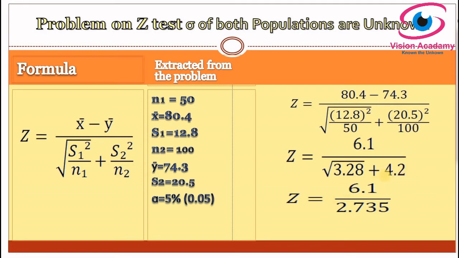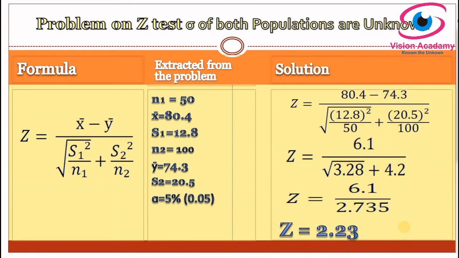So in the next step, 6.1 will remain the same, and 3.28 plus 4.2, square root of this added value, we will get 2.735. Then finally our z-test statistic would be 2.23. In this way we obtained the test statistic for the z-test of difference of two population means.